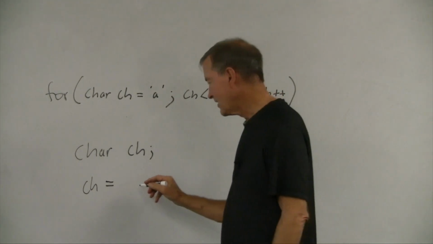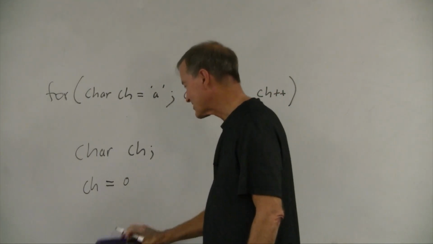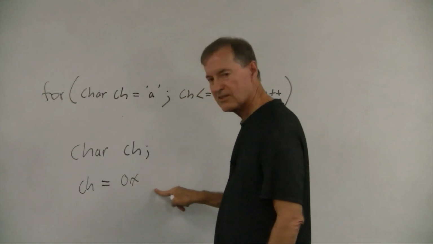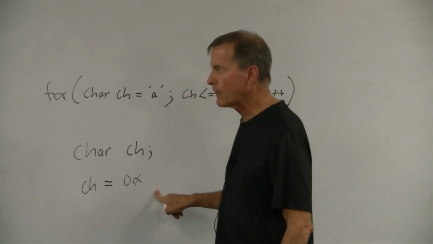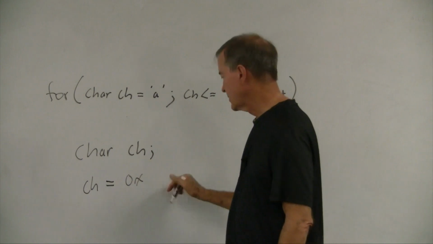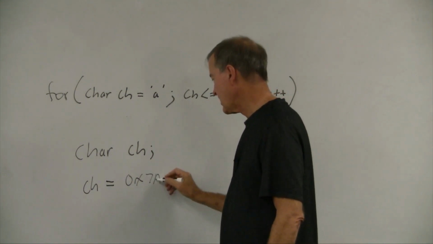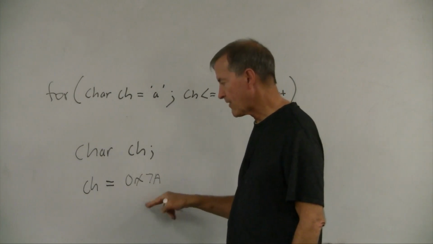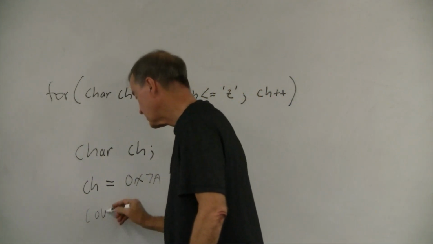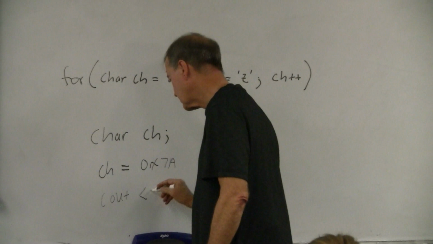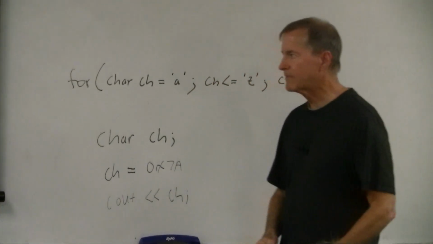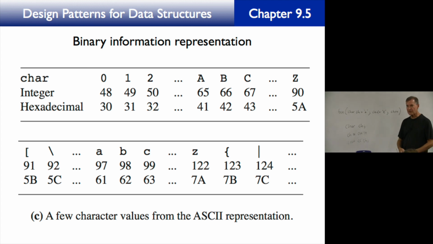Well anyway, it's 0x. You start it with 0x and then you give the hexadecimal digits. So here, if we said 0x7a, then ch would get this bit pattern. And then if we stream to the output cout ch, guess what would come out? The letter z, lowercase z.